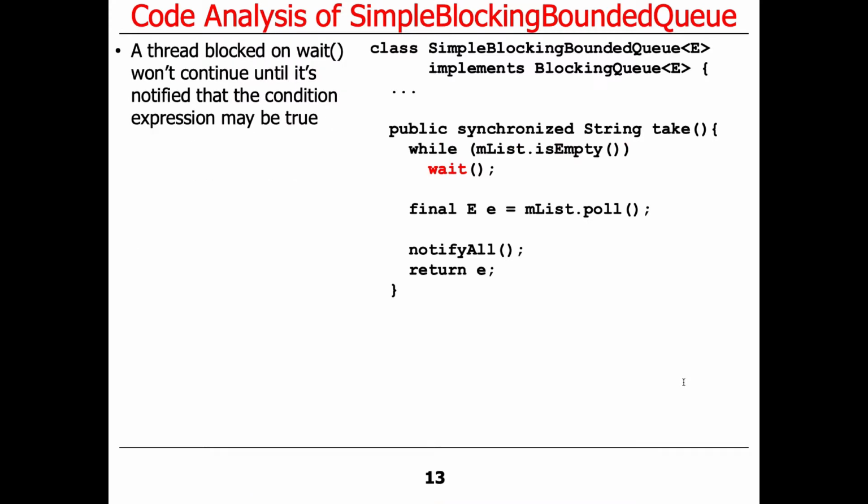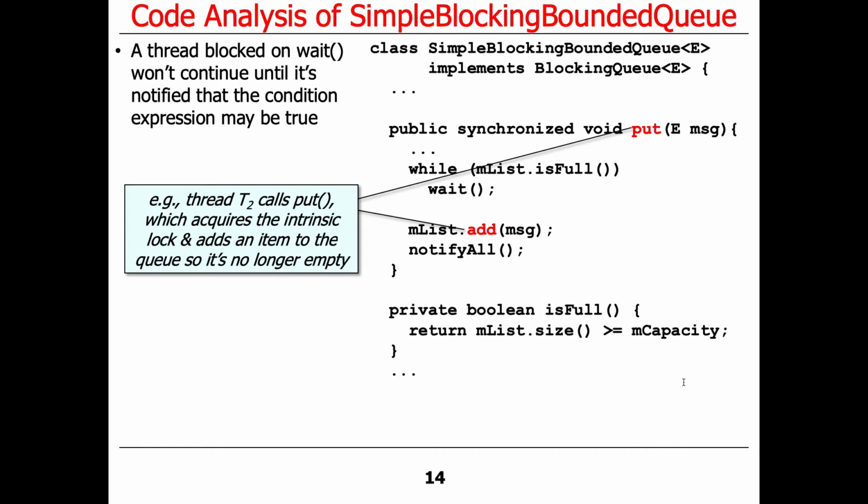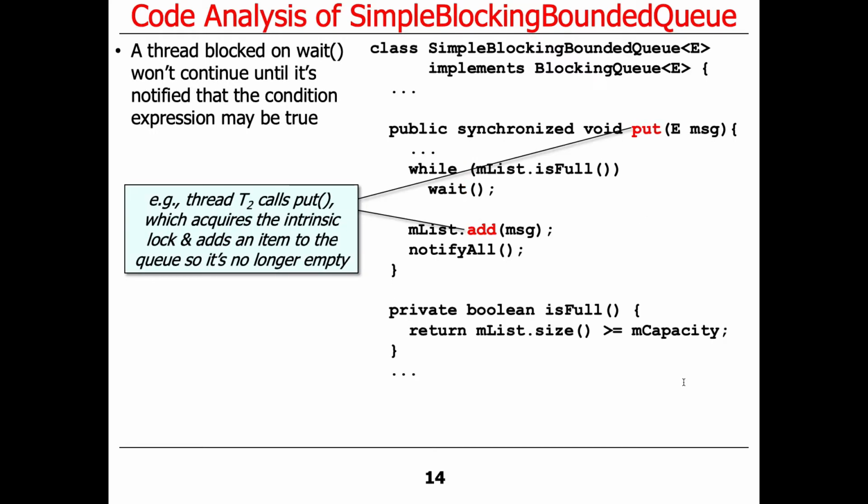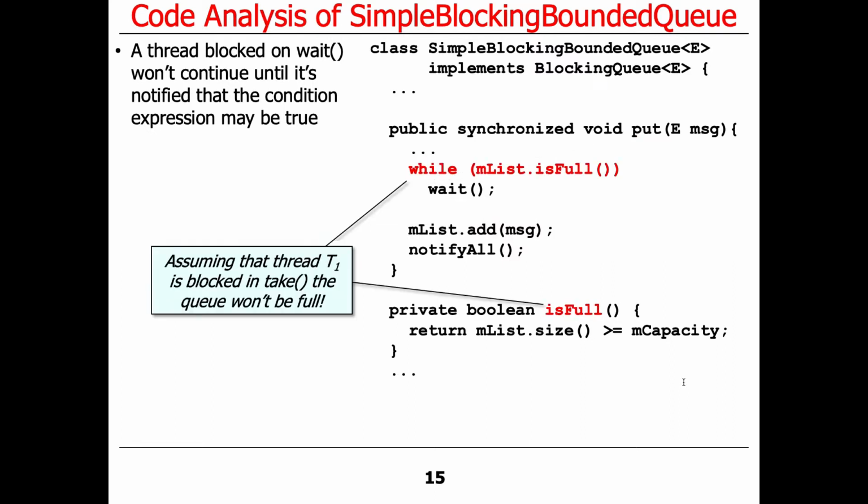So a thread that's blocked on wait won't continue until it's notified that the condition expression it's waiting for may be true. And as this illustrates, here we were blocked in take on wait. When you're putting something, it adds something to the list. So now there's a possibility that you could be able to get something if you're awakened.